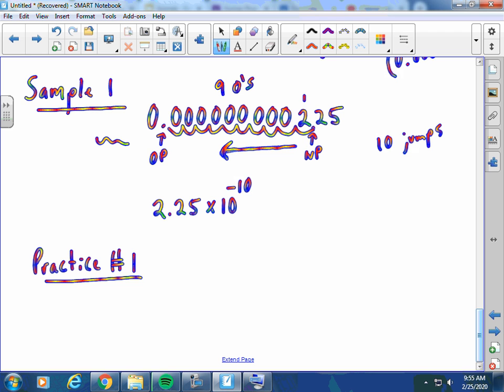Let's go 7, 8, 2, followed by 4 zeros. Now that one actually wouldn't be too hard to say. We could actually call that 7,820,000. But we're going to write it in scientific notation.